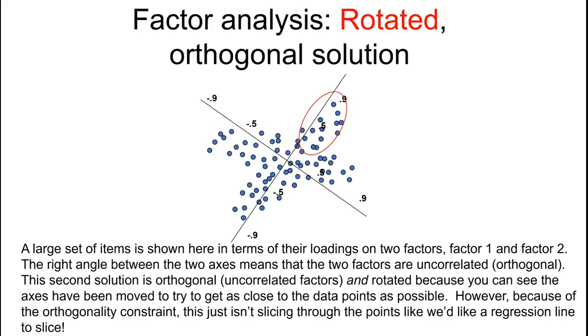So rotation is often done to make the resulting factor solution more interpretable, more meaningful. It's easier to understand the patterning of the data. Nothing else has been done but a rotation of the factor axes. This is still an orthogonal rotation, orthogonal meaning the two factors here are being forced to be uncorrelated with each other. But we can say we already have a better solution.